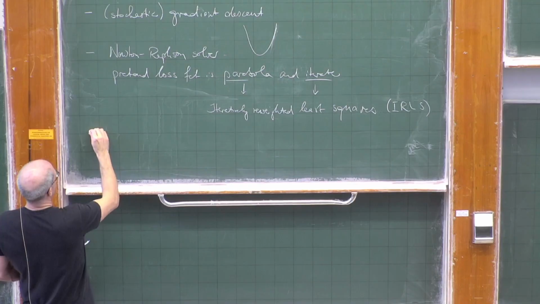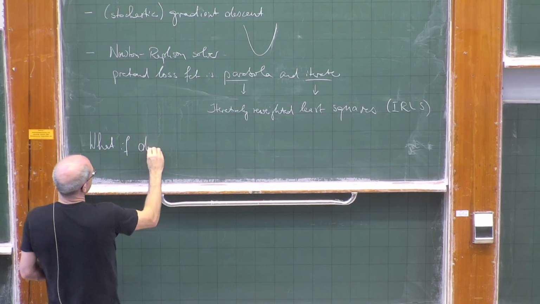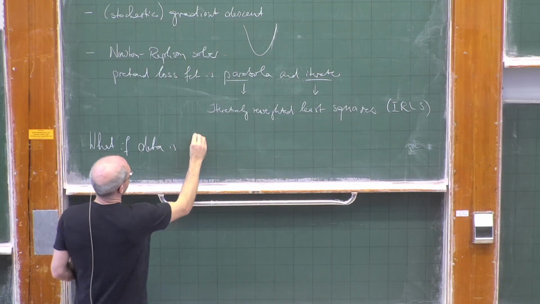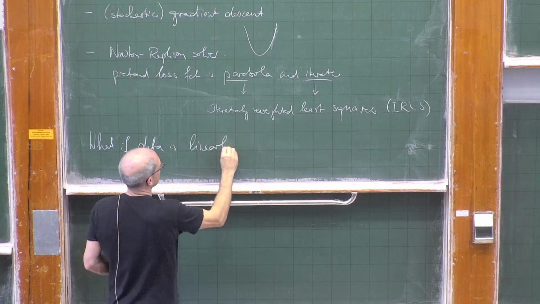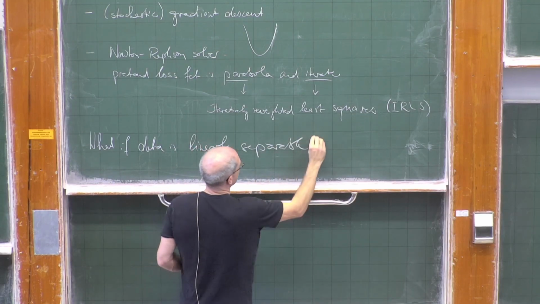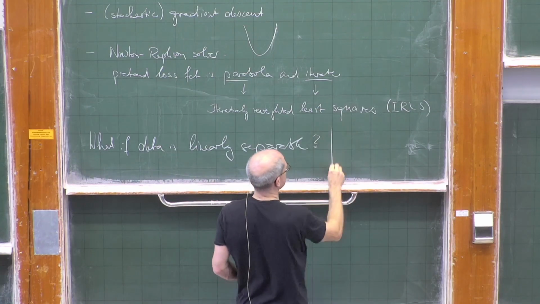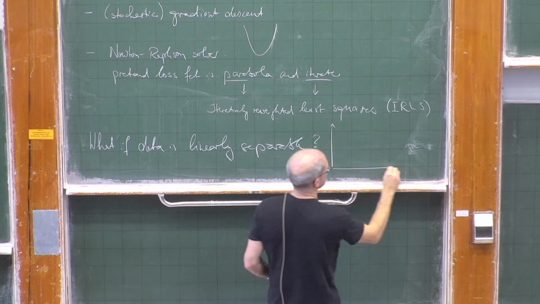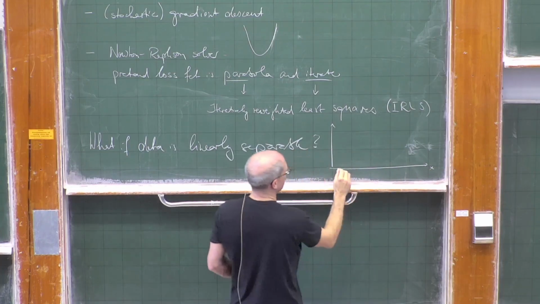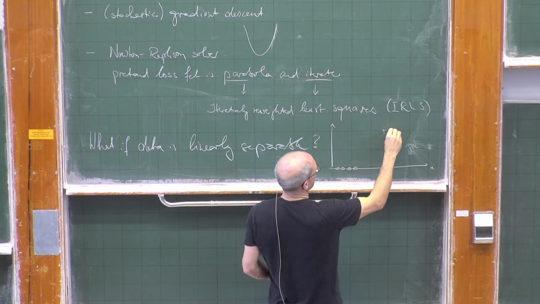So what if the data is linearly separable? So we have X, and we have our samples of class 0, and we have our samples of class 1.